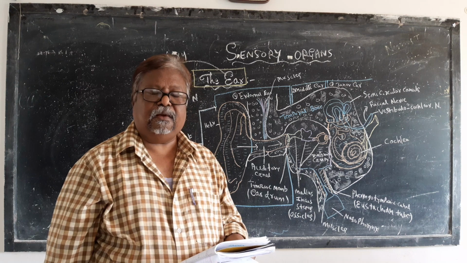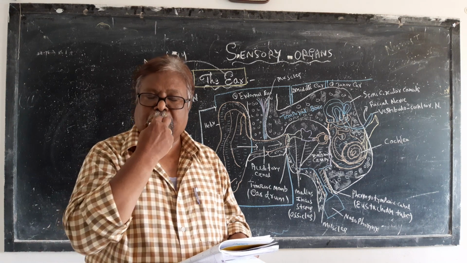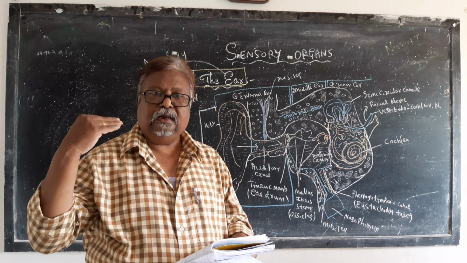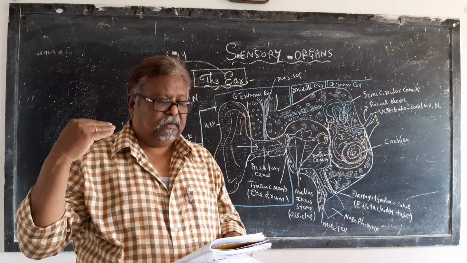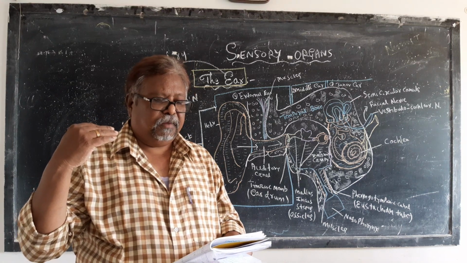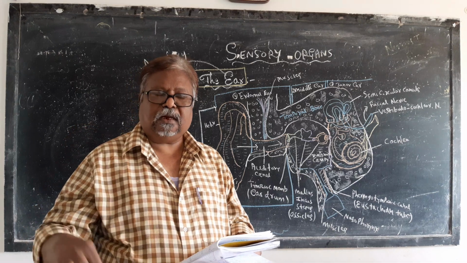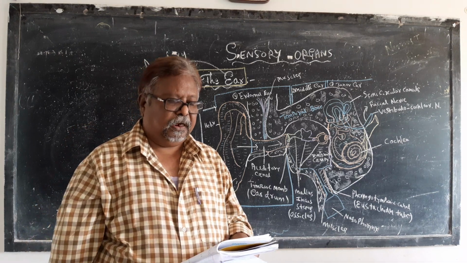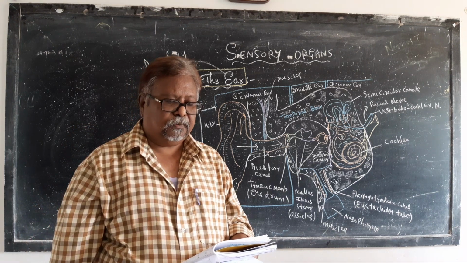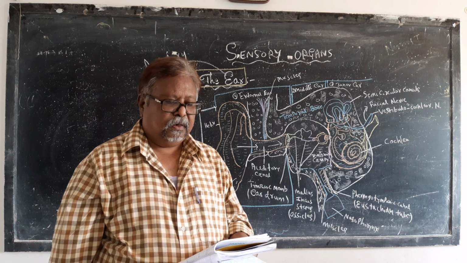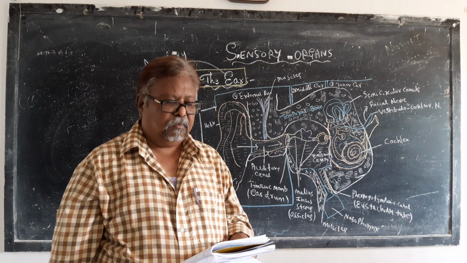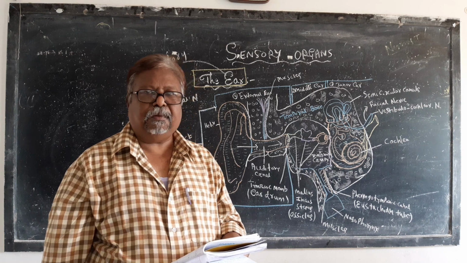When microorganisms enter through the ear into the canal, these bactericidal enzymes and lysosomes act on them and kill them. And immunoglobulins protect against dust, insects and microbes reaching the tympanic membrane.